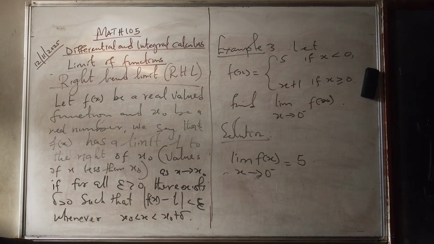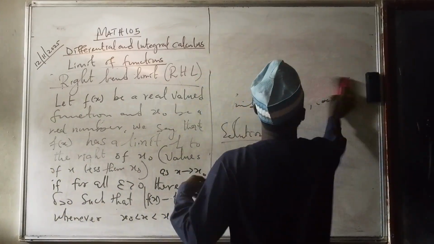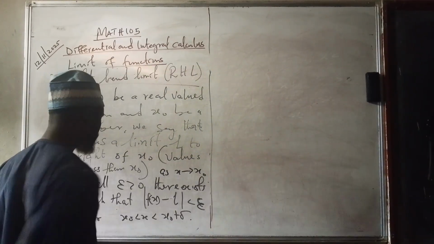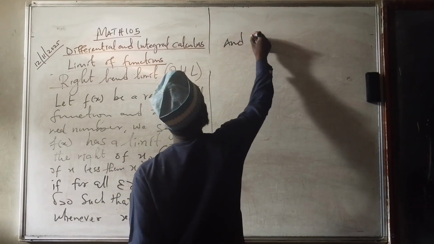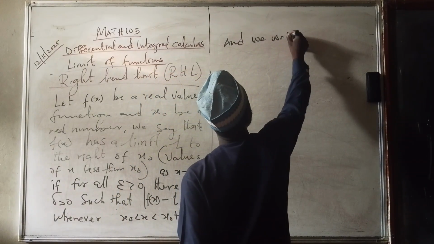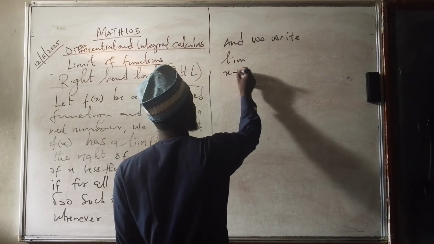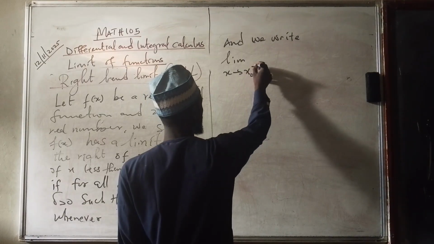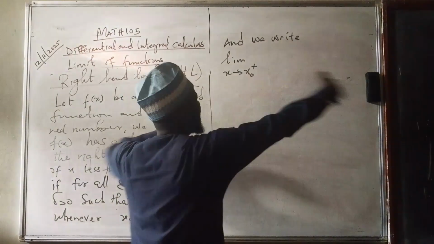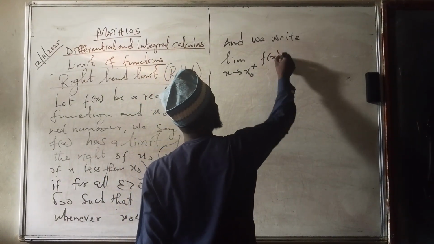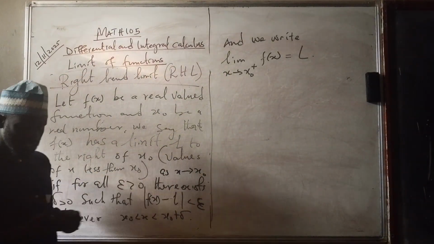So we are talking of limit to the right here. And we write the limit as x tends to x naught to the right, with a positive here, to the left with negative here, of f of x is equal to L whenever this condition is satisfied.